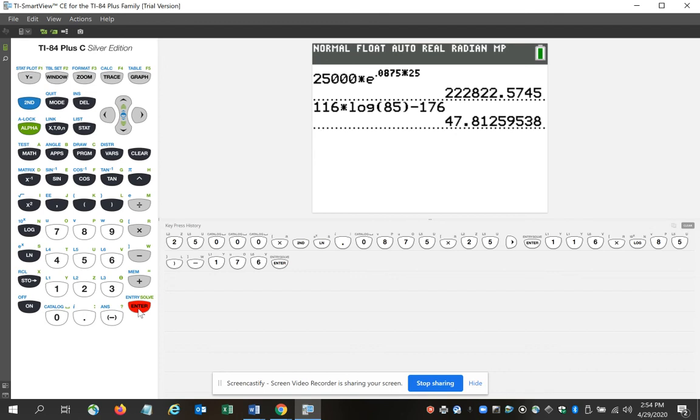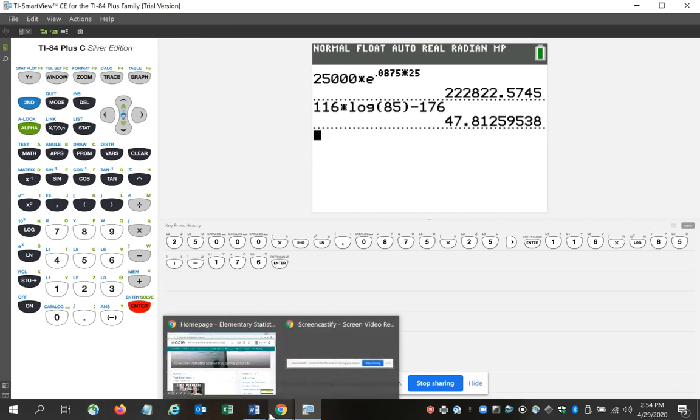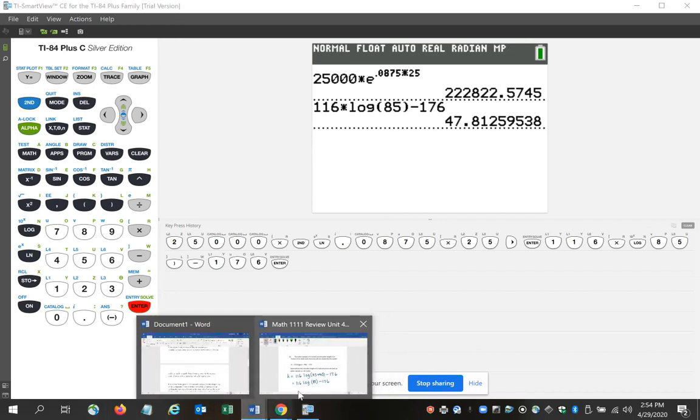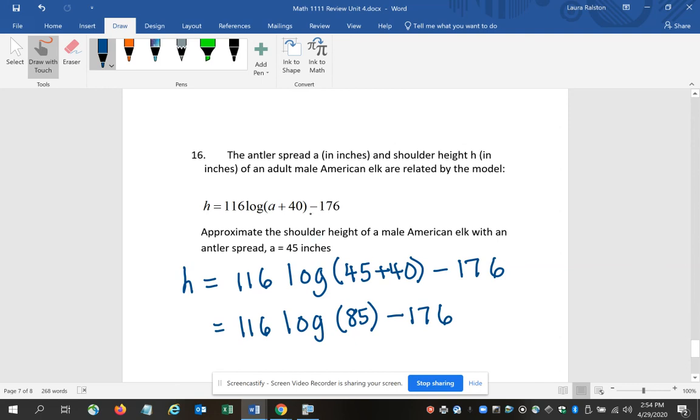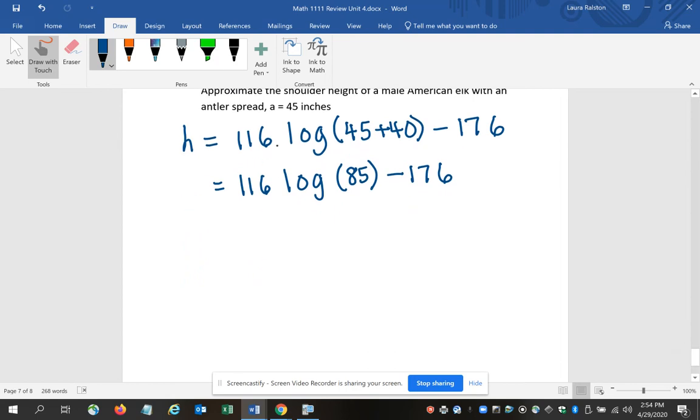So it would be 47.813 inches, again, typically rounding to 3 places. So H equals 47.813 inches.